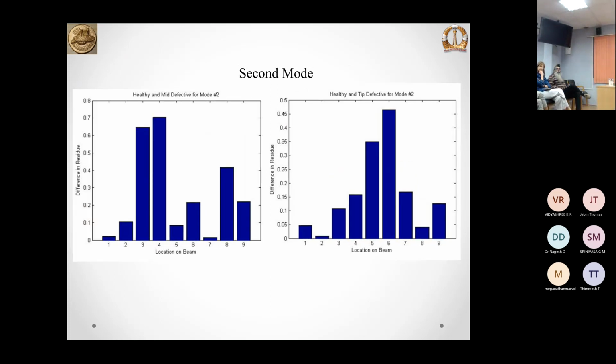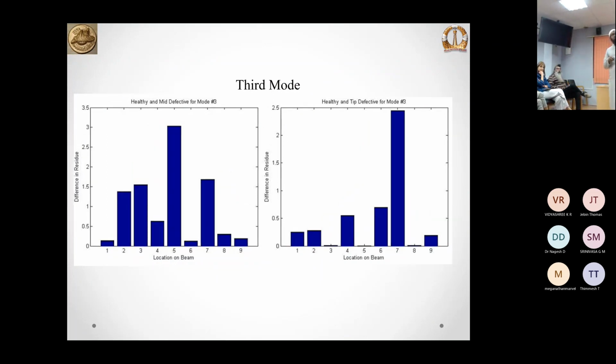Let's see the second mode. For the second mode, I almost got it. At the middle I got the peak, and at the tip also. For the third mode, it is giving almost the correct location of the peak. So this is a very good experiment of just tapping and giving the damage location.